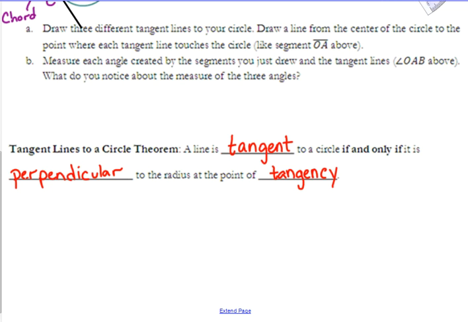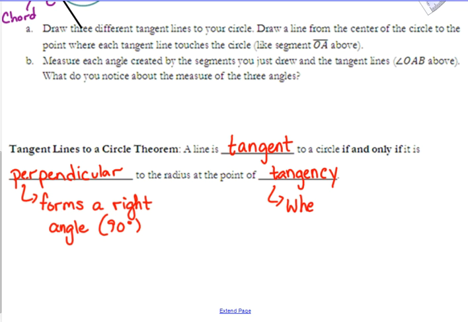Okay? A line is tangent to a circle if and only if it is perpendicular, which I think we know this, but just to make sure, forms a right angle, 90 degrees, to the radius at the point of tangency, where it touches.